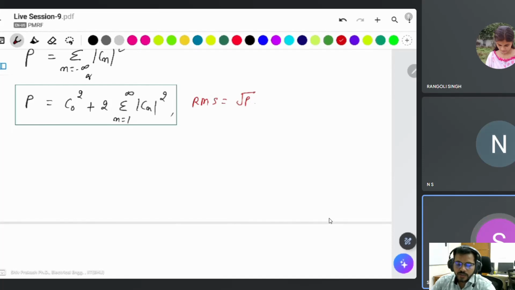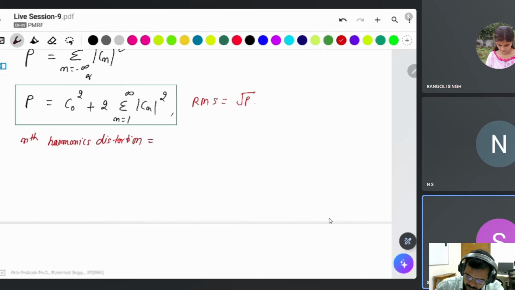Okay, harmonics: how can you calculate the harmonic distortion? The nth harmonic distortion is the magnitude of the nth harmonic divided by the magnitude of the fundamental frequency.